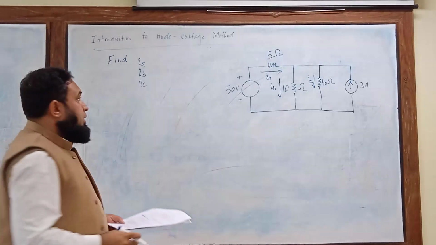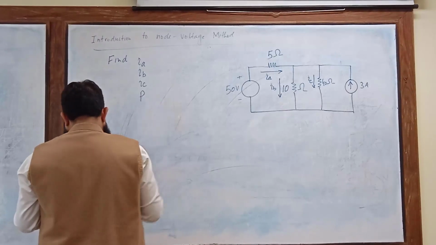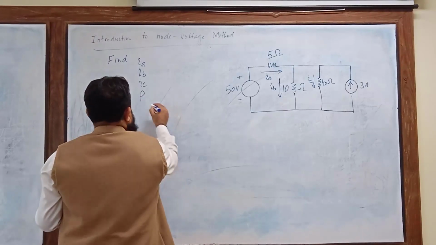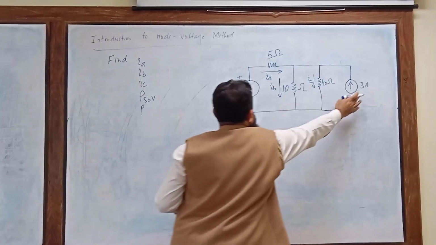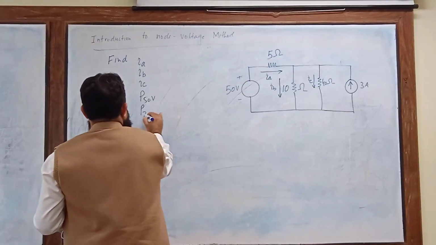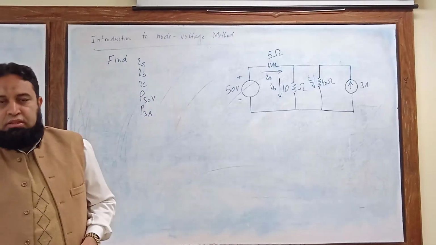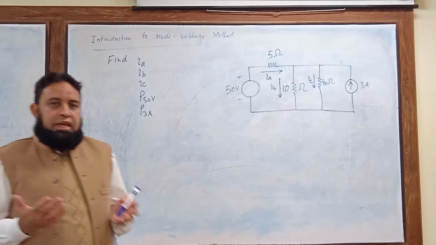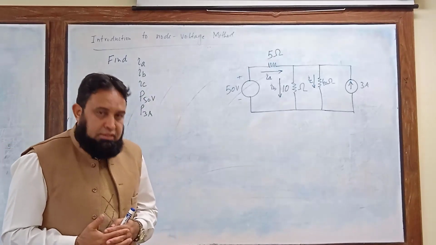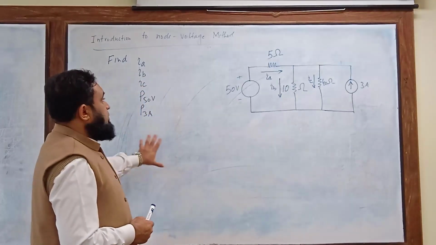Okay, and we also have to compute the power associated with the 50 volt source and the power associated with the 3 ampere source. So we have these 5 things to compute, and the technique we have to apply is the node voltage technique or node voltage method.